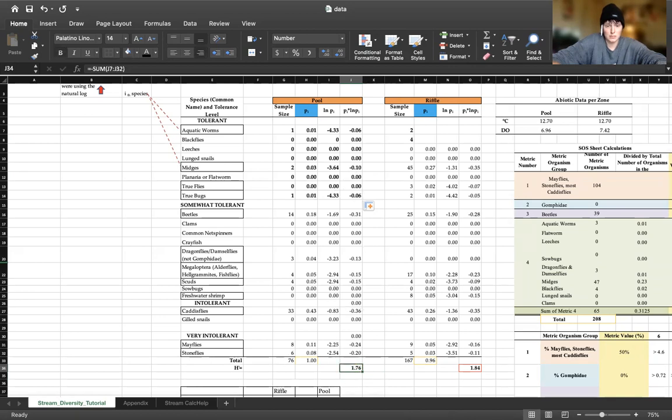So when you want to get the negative sum of this for your H prime value, you're just going to insert the negative before your sum. So I'll show you.